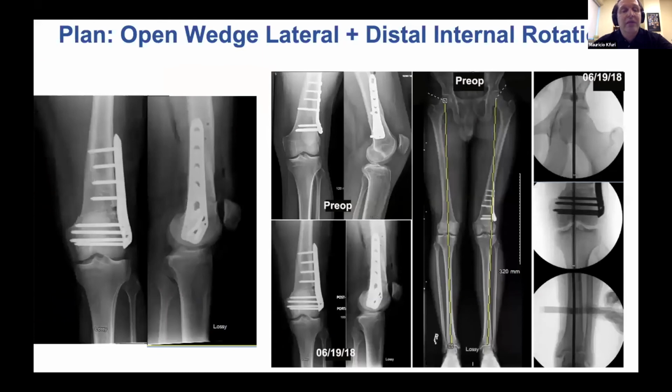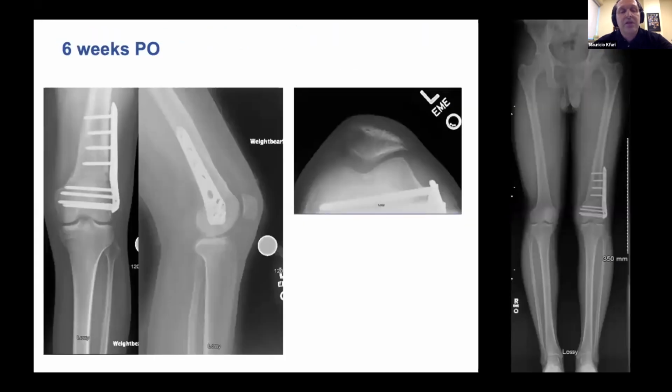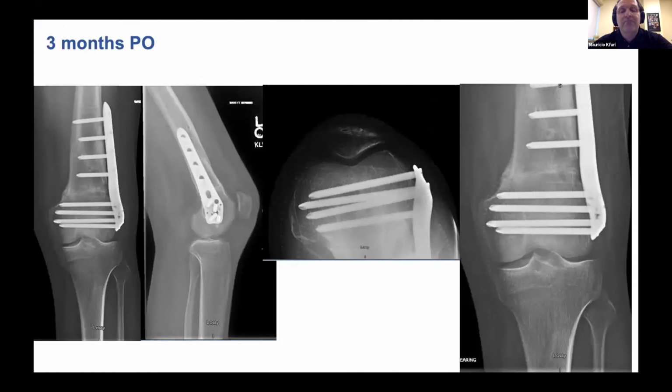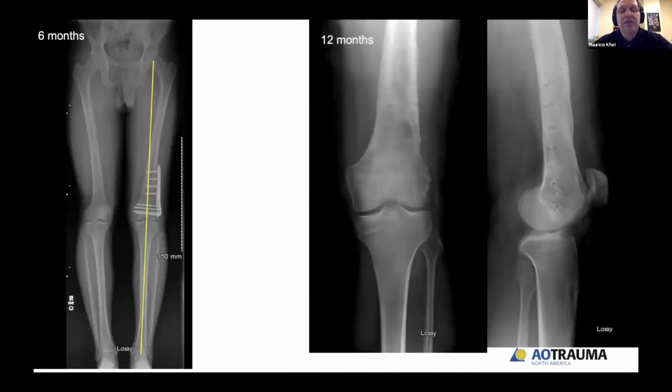And we ended up doing an open wedge lateral with 8 millimeters, and we did the torsion of 22 degrees in order to correct this deformity. And this is the patient after 6 weeks. This is the patient comparing before and after. This is 3 months. This is at 6 months, and this is after we remove the hardware.